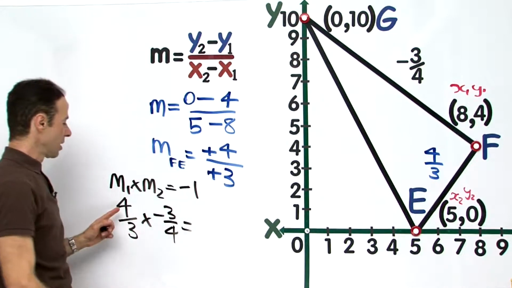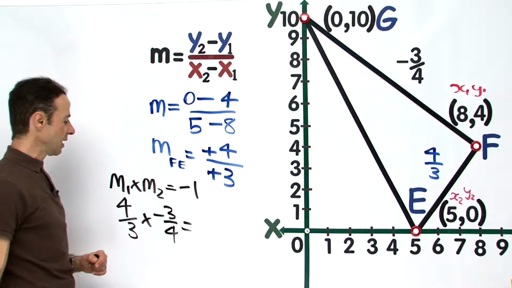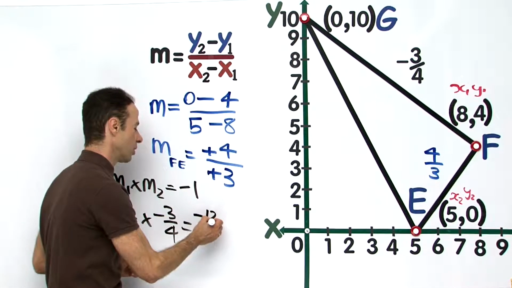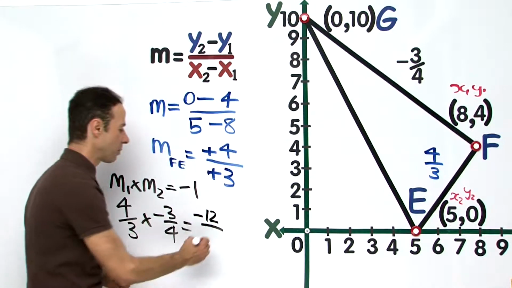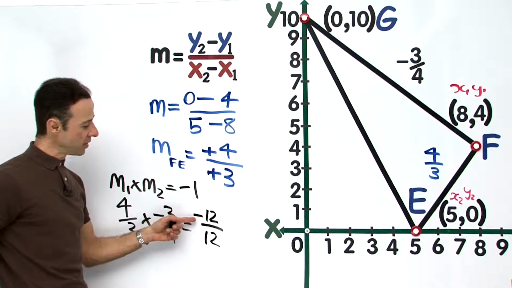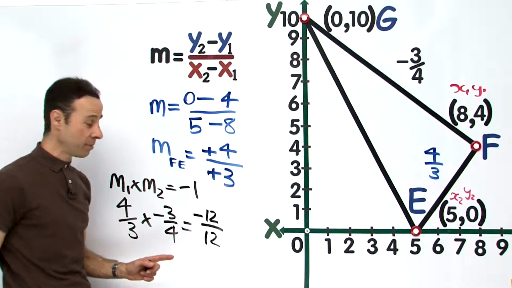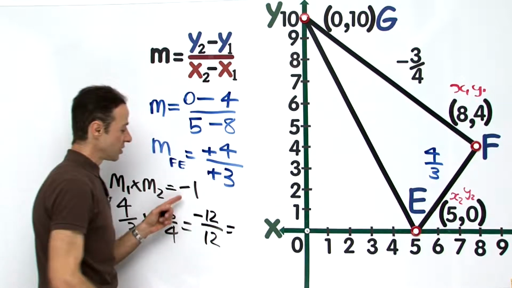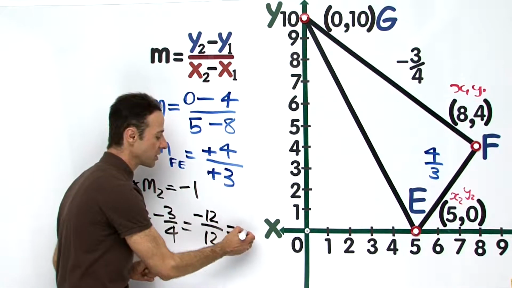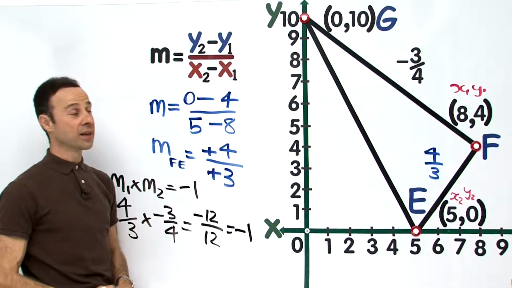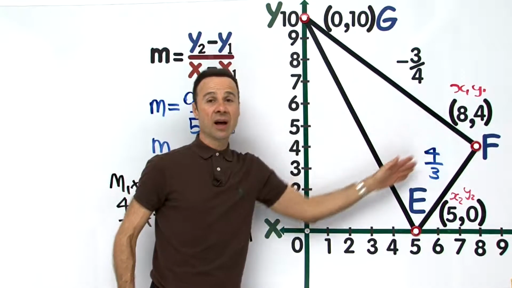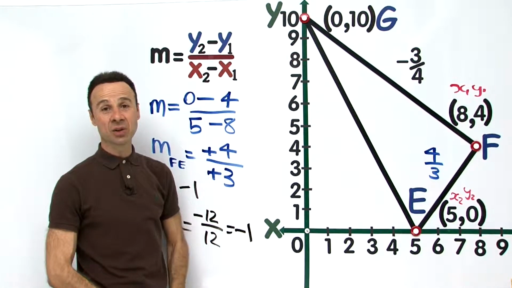Let's multiply them. So we have 4 times a negative 3 is negative 12, all over 3 4s are positive 12. Now we have a negative 12 over a positive 12. That's going to yield a negative number, and let's hope it's a negative 1. So yes, it does look like it's a negative 1. So in fact, yes, these two lines are perpendicular at 90 degrees to each other.